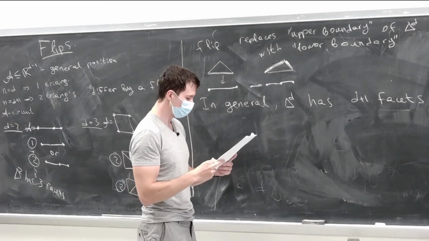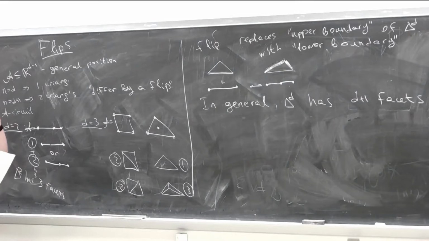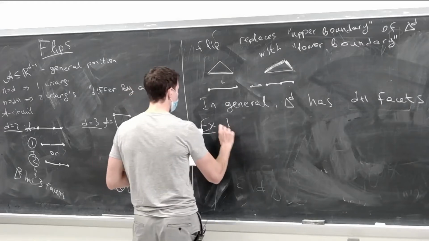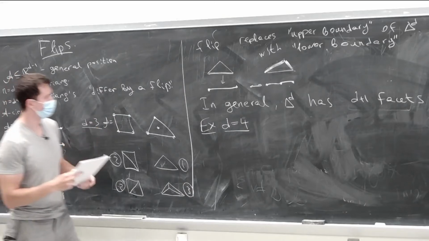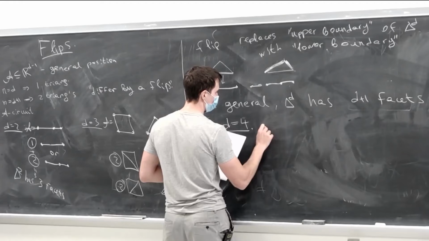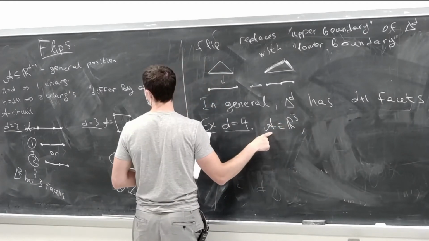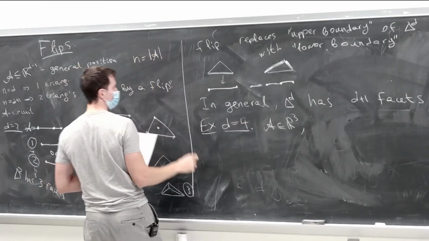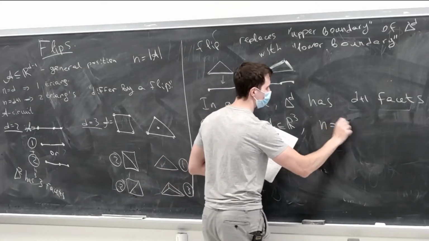And I guess before I go on and talk about the flips, let me do one more example. So I want to see what happens when d is equal to 4. Remember A is inside R^(d-1), so A is inside R3, and n is the number of points. n is equal to d plus 1, so it's 5 points.